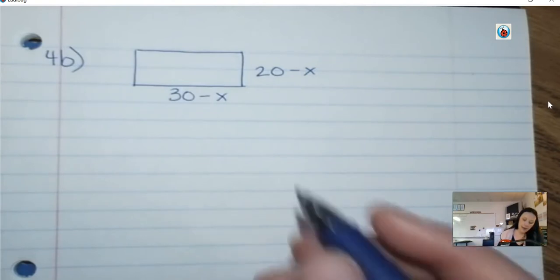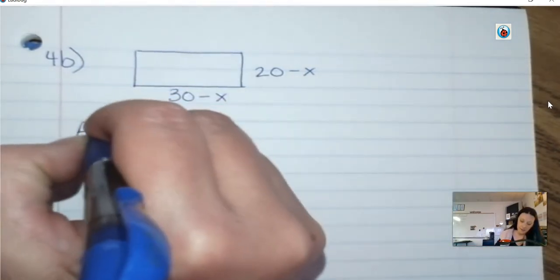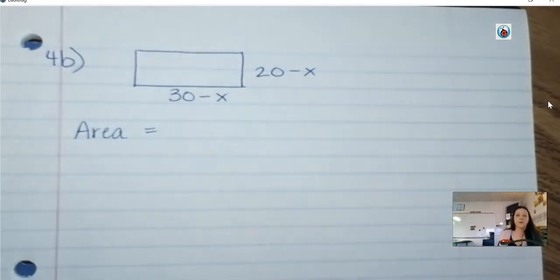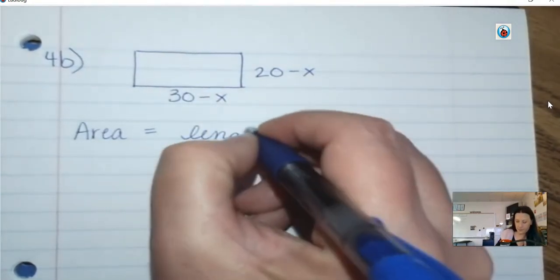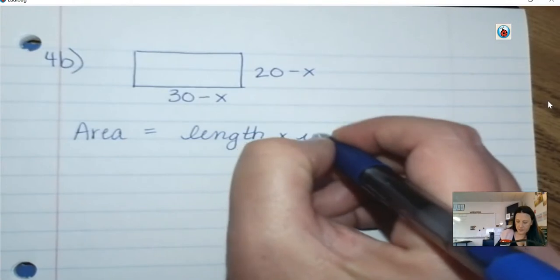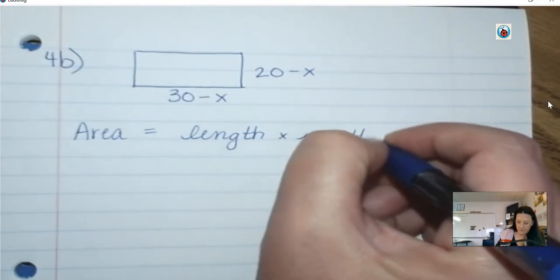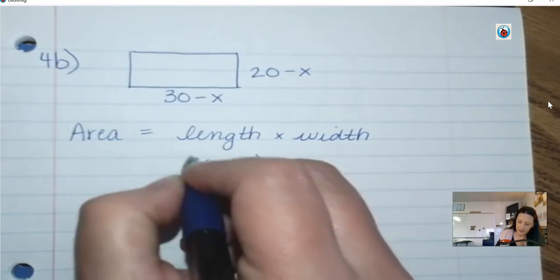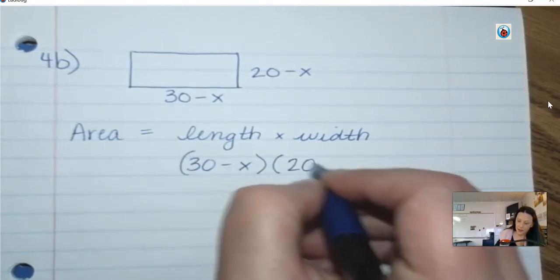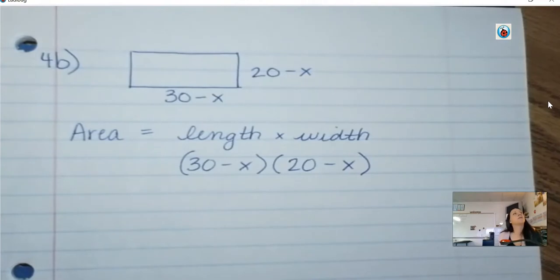The question asks for the area. So length times width. So 30 minus x times 20 minus x.